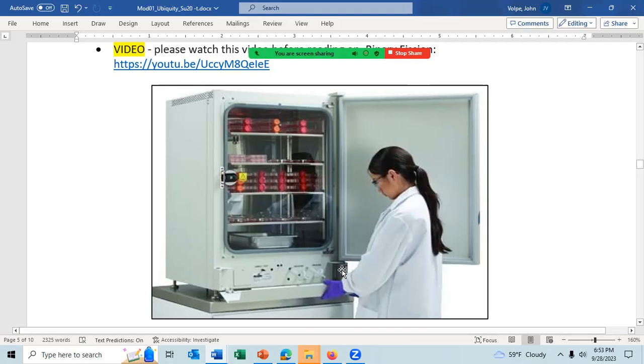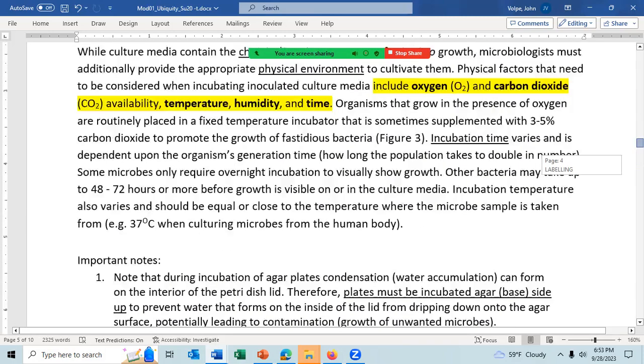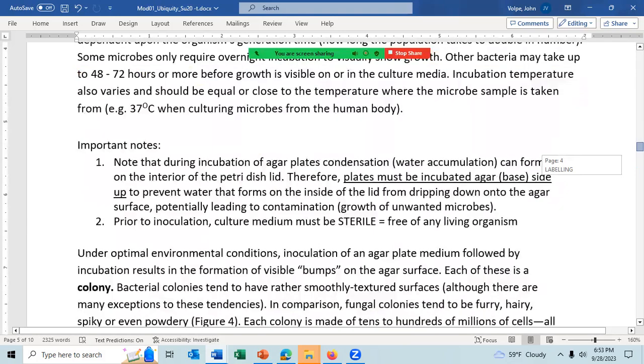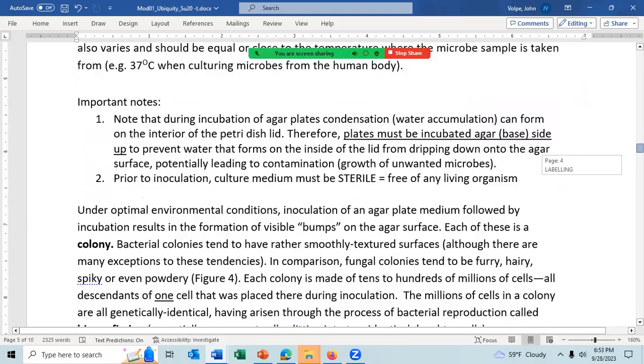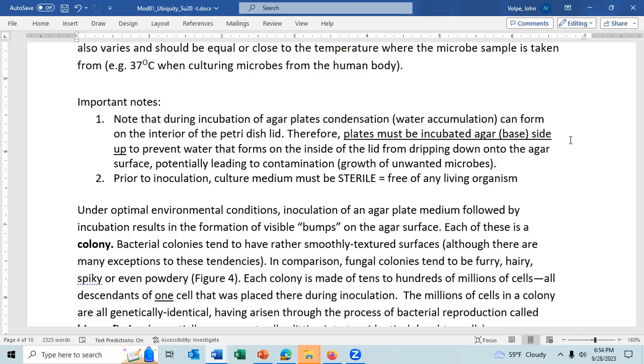Let's see, anything else? Remember, when you're putting your plates in an incubator, you should put the plate in upside down. You write your information on the bottom of the plate, and then you put the plate in the incubator upside down.